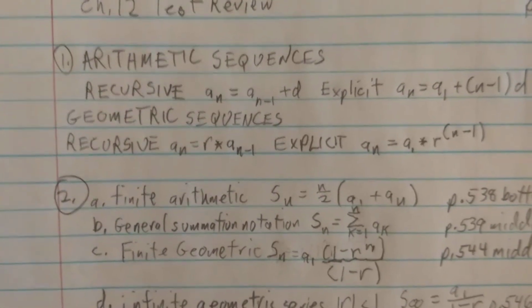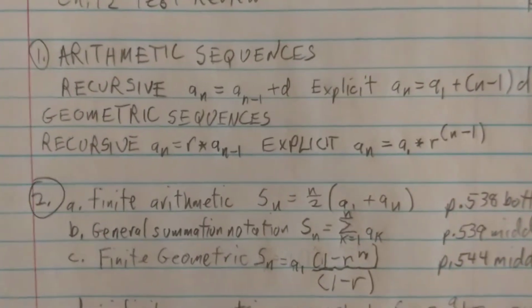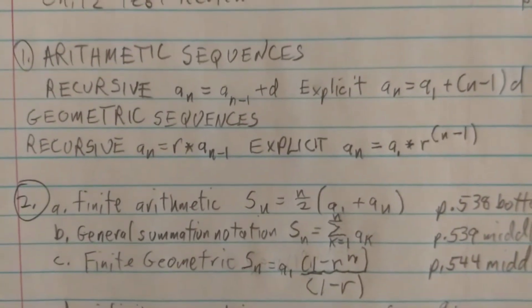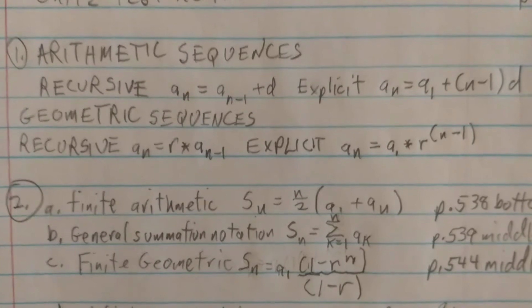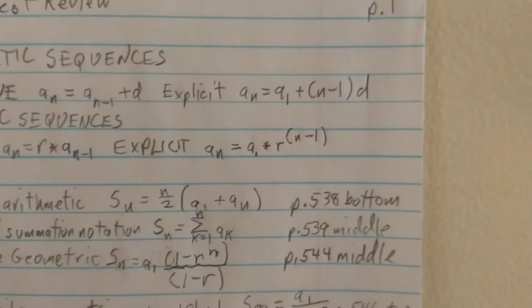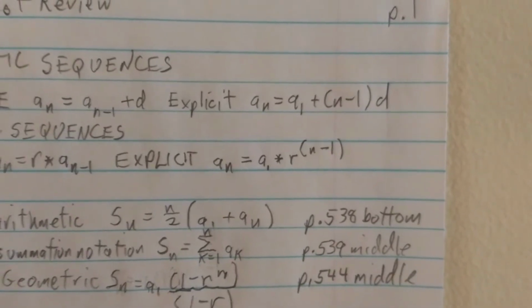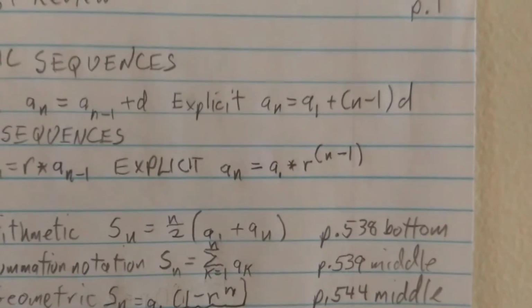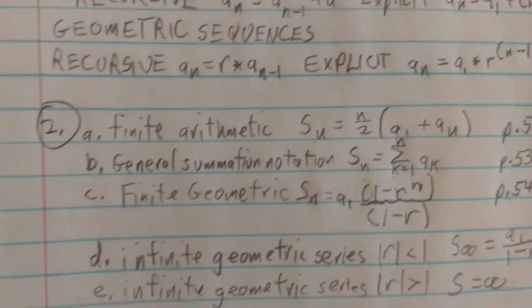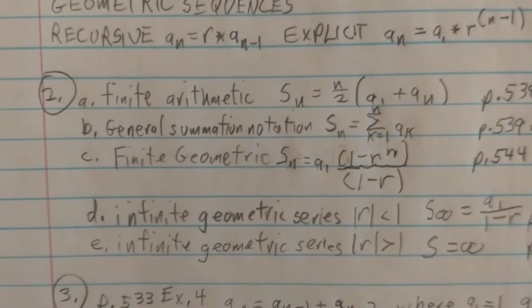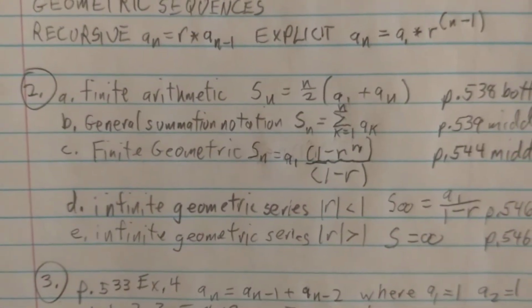Recursive is a sub n is equal to r, the multiplying factor, times the last one, a sub n minus 1. And explicit is a sub n is the first one times n minus 1 r's multiplied together, or r to the n minus 1.